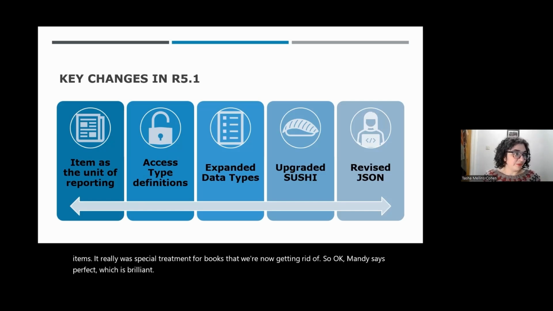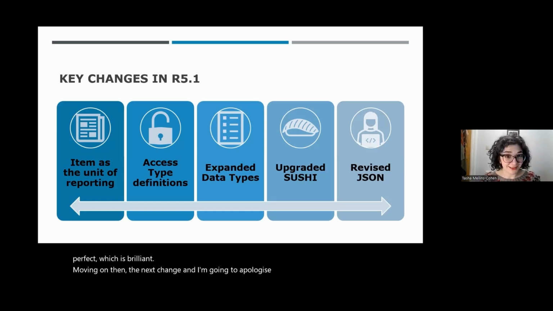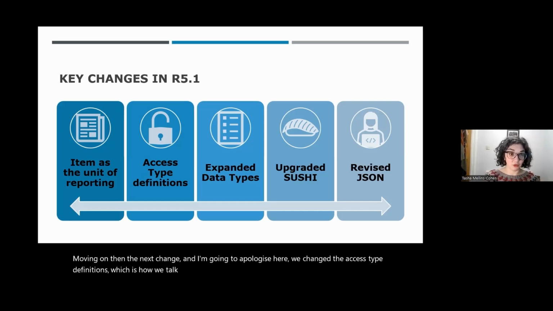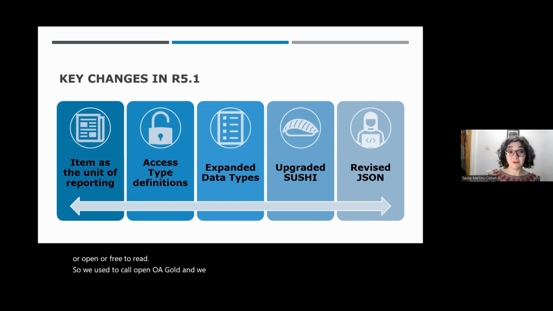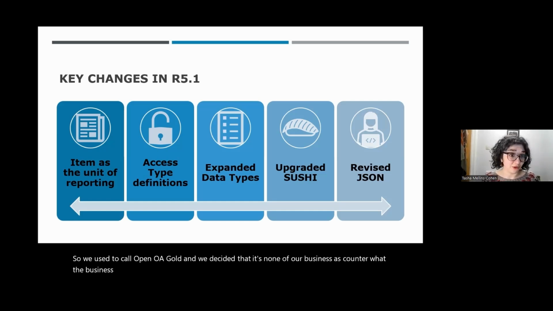Moving on then, the next change, and I'm going to apologize here, we changed the access type definitions, which is how we talk about whether something is controlled, so subscription content, or open or free to read. We used to call open OA Gold, and we decided that it's none of our business as Counter what the business model is for making something open access, what the license is, because I know some people will say that only CC BY is open access.